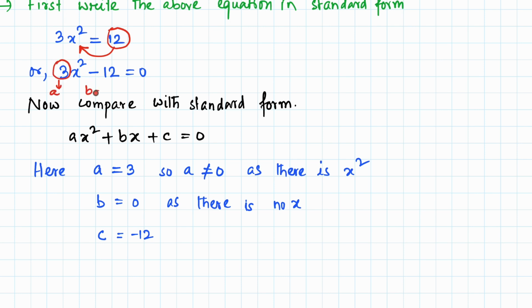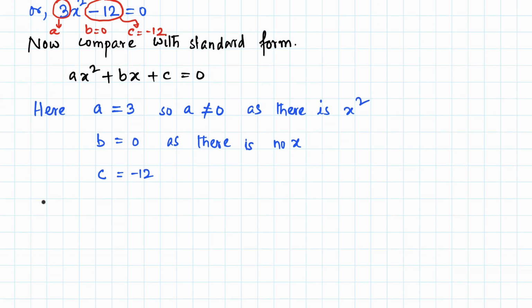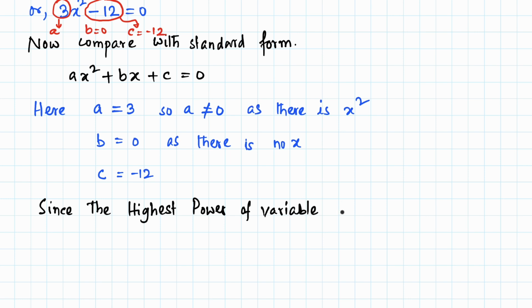In this case it is satisfying the conditions of the quadratic equation. Since the highest power of the variable x is 2 and also a is not equal to 0, this is a quadratic equation.